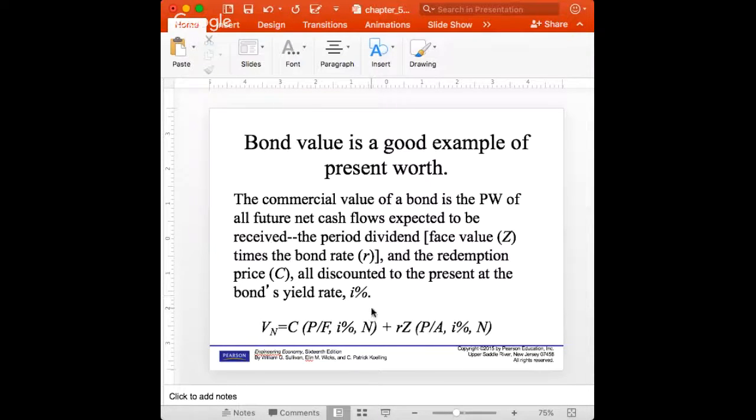Here's the bond equation. There's only one bond equation. Every problem we work follows the same bond equation. Now, how we solve them might not look like we're using that bond equation, but it's always the same bond equation. The value of the bond, this is the price that the bond owner would pay.